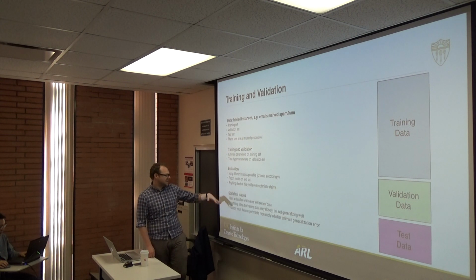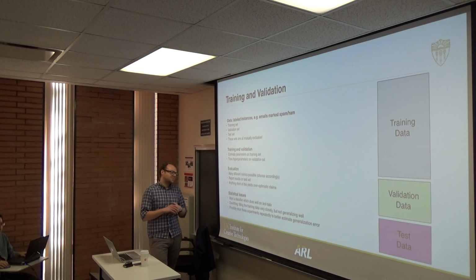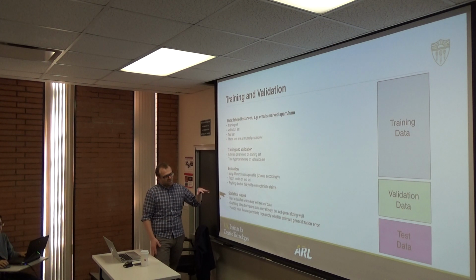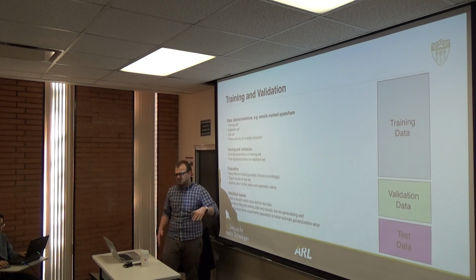Then some statistical thoughts or issues. So in general, we want a classifier which does well on the test set. Overfitting is a problem sometimes, and we need to attempt to not be perfect on the training set.